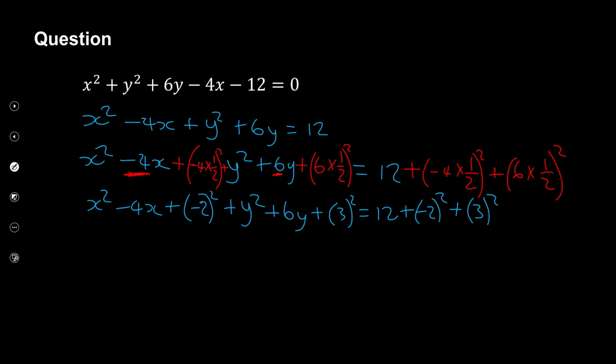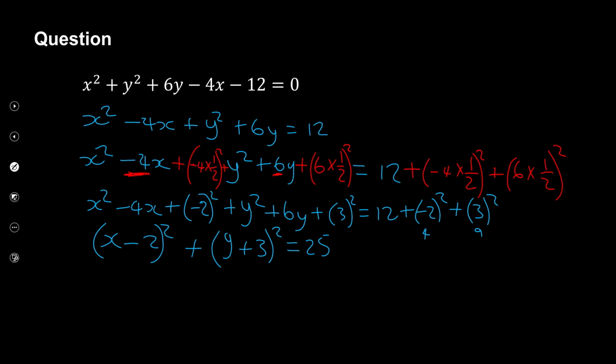And then on the left-hand side, I will have x minus 2 when I factorize that first part, plus when I factorize this one, it will be y plus 3 all squared equal to 12 plus 4 will be 16 plus the 9 there, it will be 25, right? Please just verify for me, right? So this will be 4, we know that this will be 9. If I add all of those, it will definitely be 25.